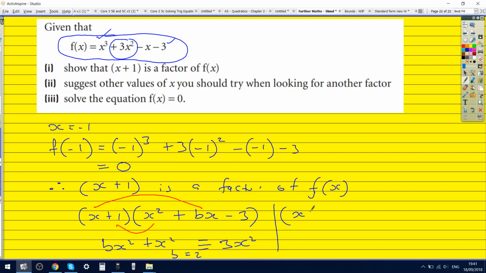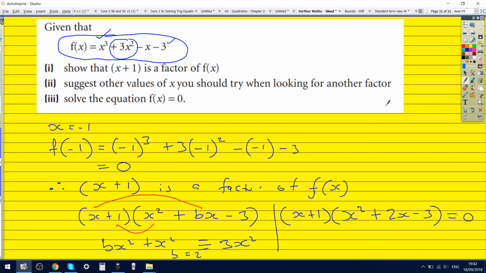And so instead of bx, you can write x squared plus 2x minus 3. Fully factorize. I'll just write that working out you did earlier. So bx squared plus x squared has to be equal to 3x squared.